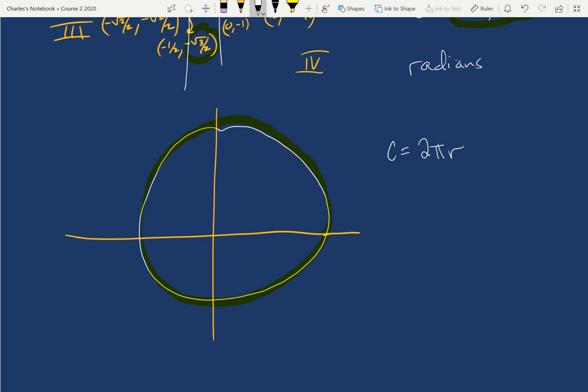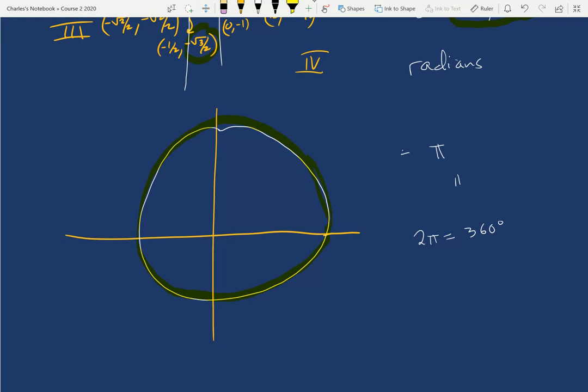We actually know what the radius of this circle is, because it's called the unit circle for a reason. It's a circle that all of the circles can be scaled from. This one has a radius of 1. So the circumference of this unit circle is equal to 2 pi. Because of that, we're going to call the angle that goes all the way around the circle 2 pi. So 2 pi is going to equal 360 degrees.